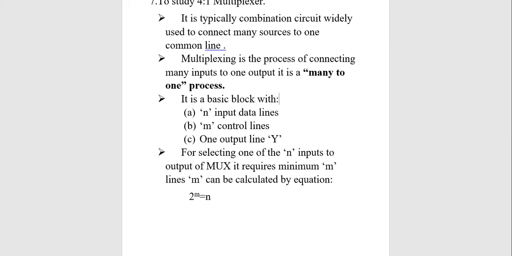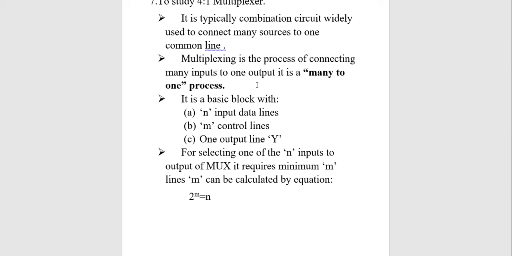In a multiplexer you have to keep in mind this definition of multiplexing: multiplexing is the process of connecting many inputs to one output, that is, it is a many-to-one process. You have to remember what multiplexing is. It is a process in which we connect many inputs to a single output.